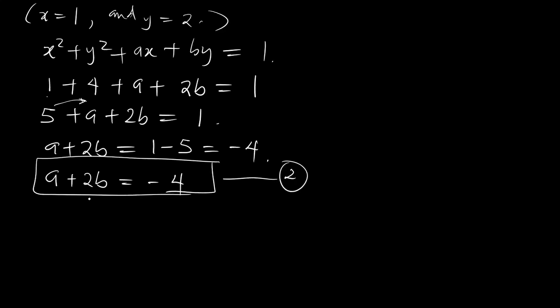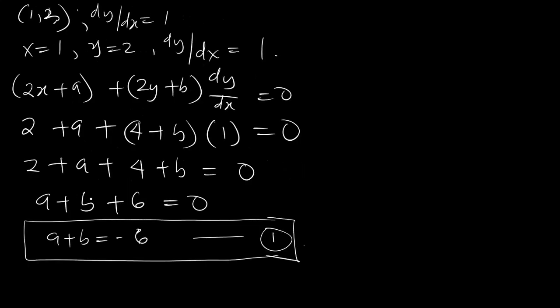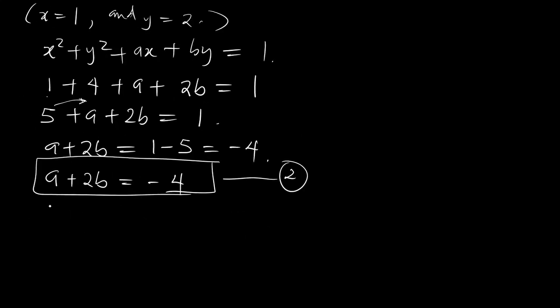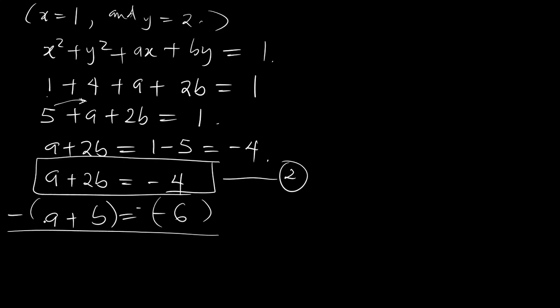Now let's solve equations 1 and 2. Equation 1: a plus b equals minus 6. If you subtract equation 1 from equation 2, the a cancels out and b remains.